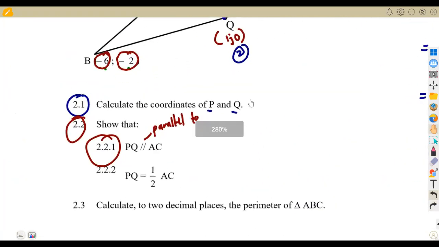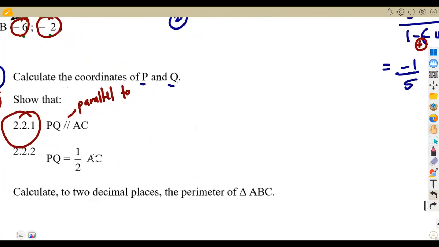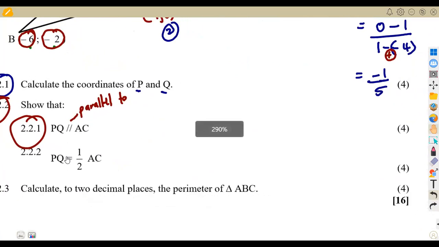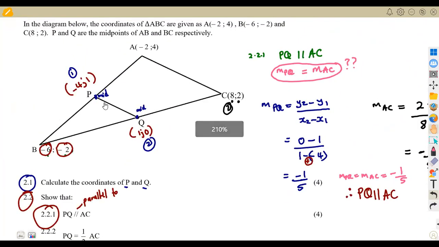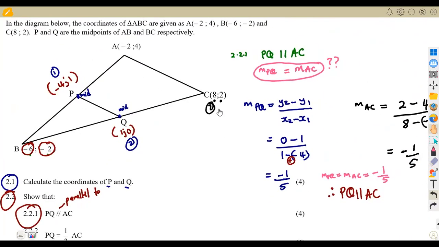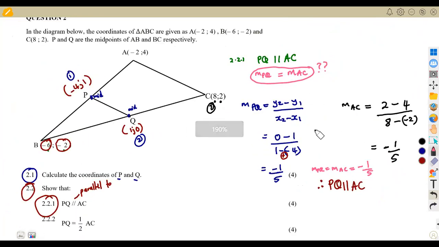Then 2.2, again, is just calculating as it is. You're supposed to show that PQ is half of AC. If these two lines are parallel, we have the part of our proportion, and it means PQ is supposed to be half of AC.